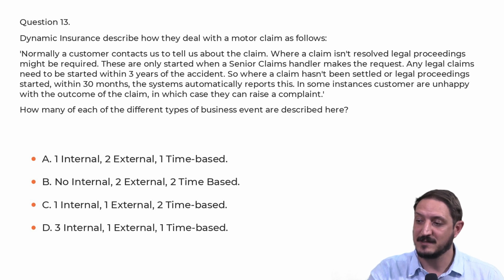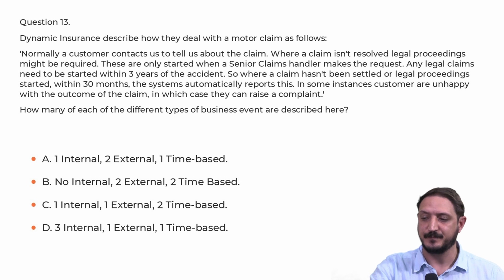So where a claim hasn't been settled or legal proceedings started within 30 months, the system automatically reports this. In some instances, customers are unhappy with the outcome of the claim, in which case they can raise a complaint. Now, the instructions are how many of each of the different types of business event are described here.